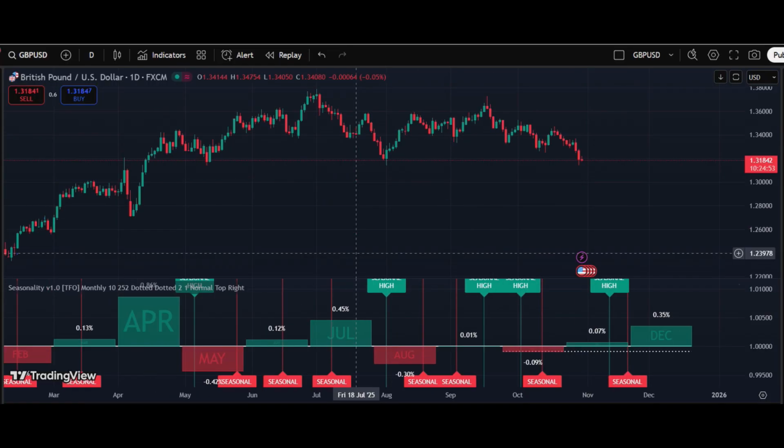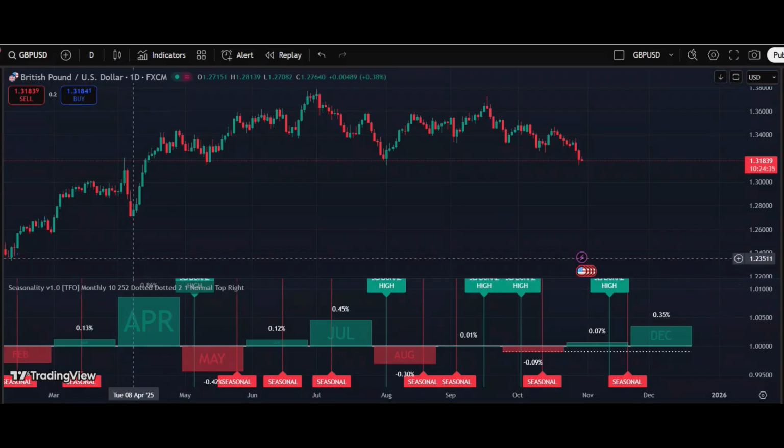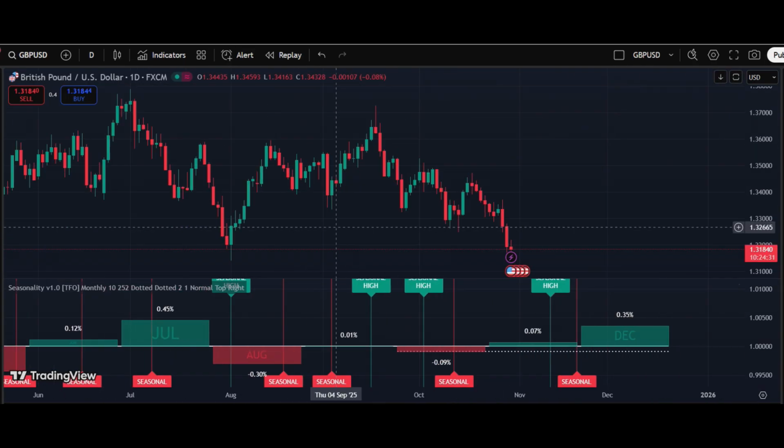So this indicator is very good to show you when we can see some kind of breakout moment, or a high or low, or in the middle of the month a low, or in the middle of the month a high, which is very beneficial. I use this sometimes just to pick some seasonality.